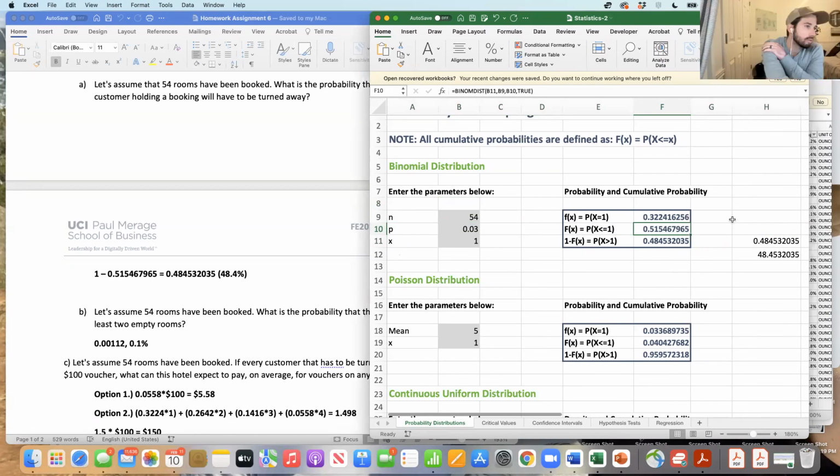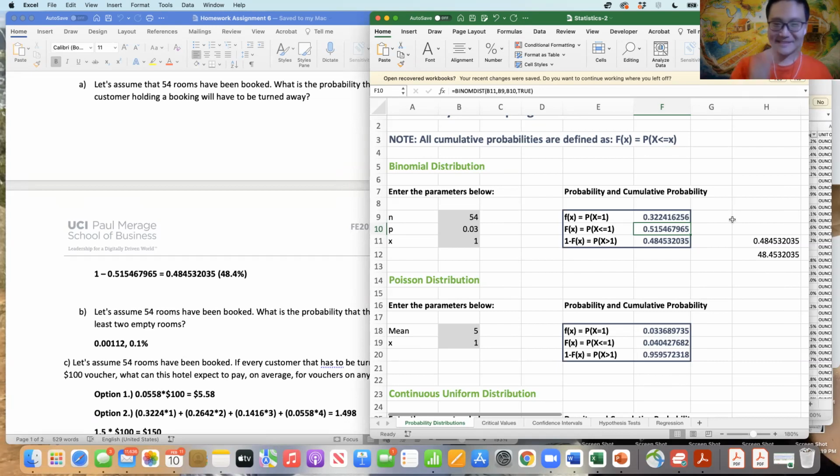Notice that it's the cumulative probability that's calculated because we have a capitalized F as the function, right? So it means we are calculating the cumulative probability. But note that this probability means the probability of X being 1 or smaller than that.